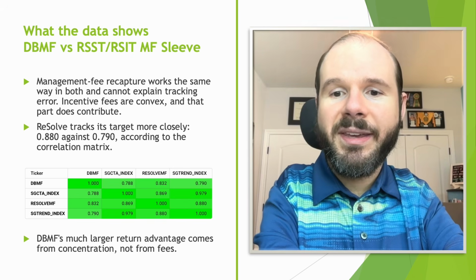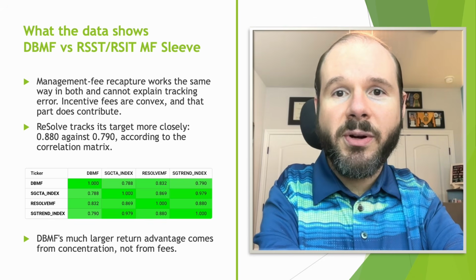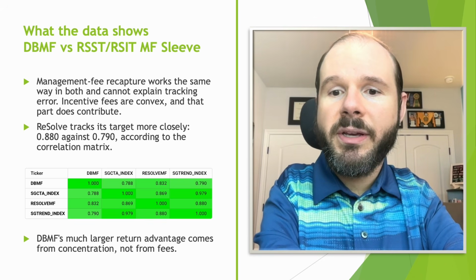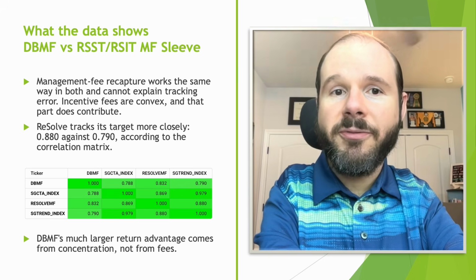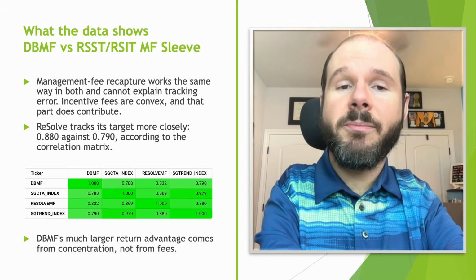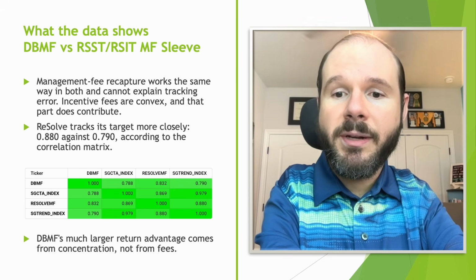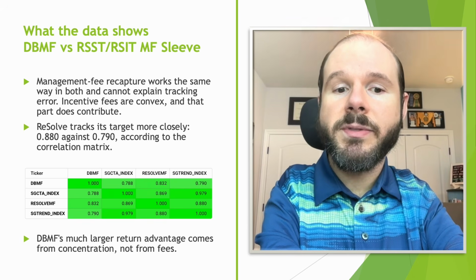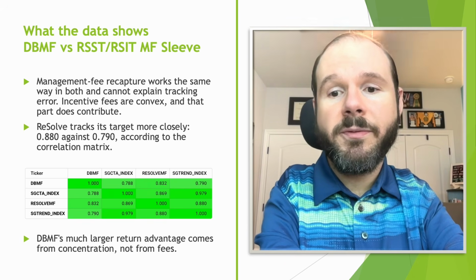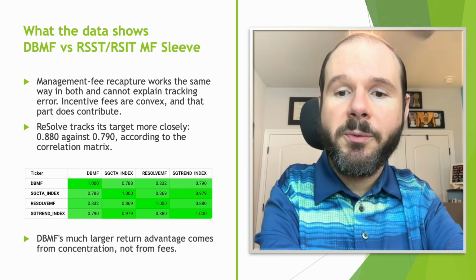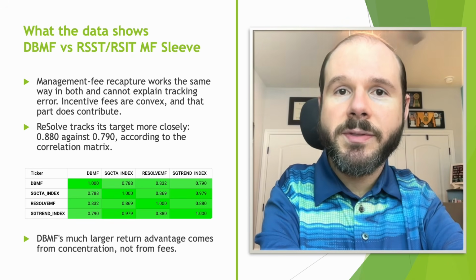So that can make a pretty big difference over time. DBMF's much larger return advantage doesn't come from saving on fees. Instead, it comes from the concentrated bet it makes on those 10 to 15 most liquid futures contracts.